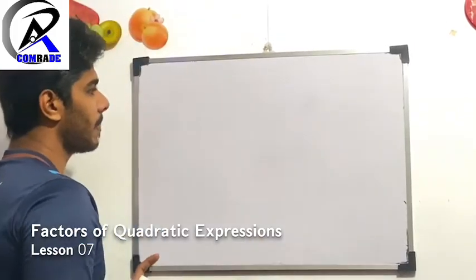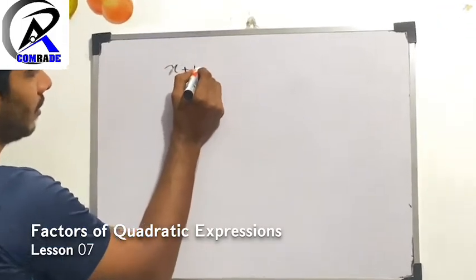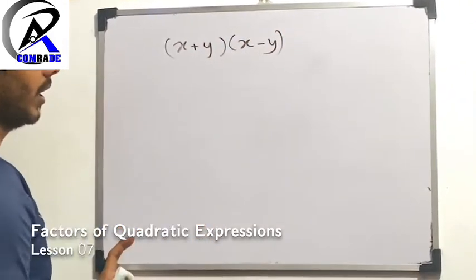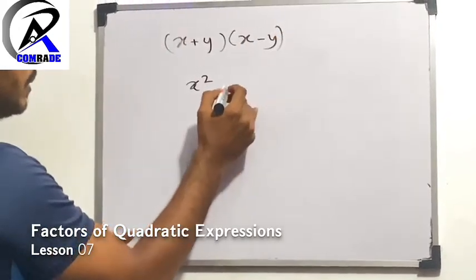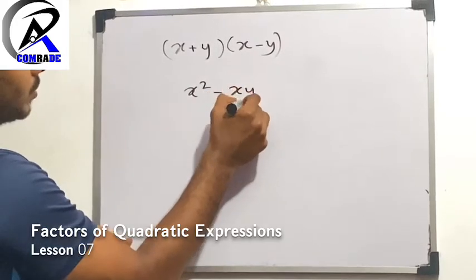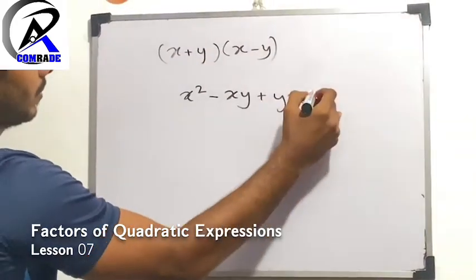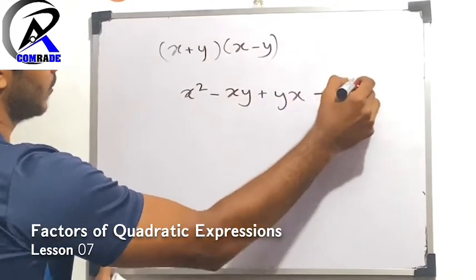Alright. Finally, there's another thing. I give you like this x plus y, x minus y. What will be the answer? X into x, x squared, x into minus y, minus xy, y into x plus yx, y into minus y, minus y squared.